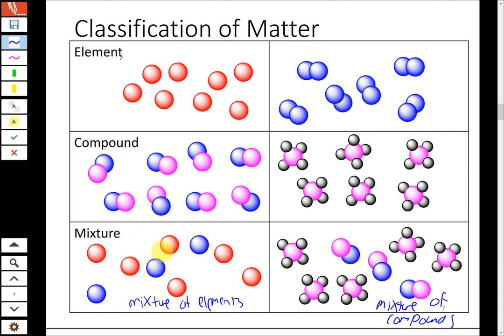So in a mixture, you would have, in this case, red and blue mixed together, but they're not chemically joined. There's no bond between them. We're going to learn what chemical bonds are in about chapter 3 or so, chapter 4, around that time. But there's no bonds between these. They're just physically mixed together. Similarly, we have two different types of molecules in here, and the molecules have no real chemical interaction between them, but they're just physically mixed. So that's a little bit about the microscopic level of how we would classify and distinguish elements, compounds, and mixtures.